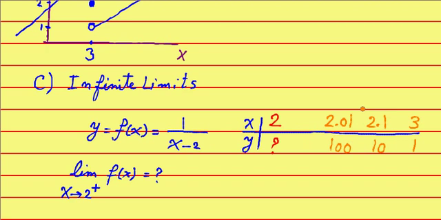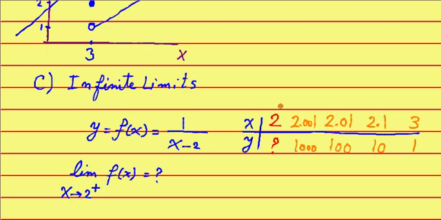Now, again, we are using a standard style of coming close. There are many different ways of coming close to a number. This is just one set of easy to handle numbers. So here's another one, 2.001. If I plug it here, go through the division, I get 1000.